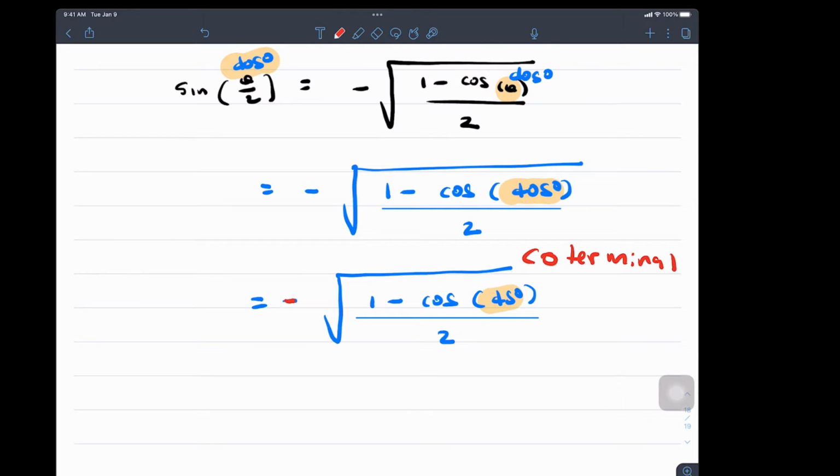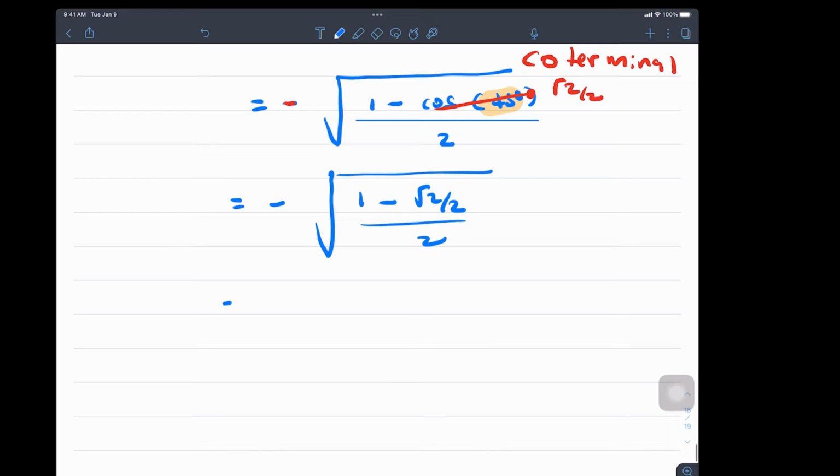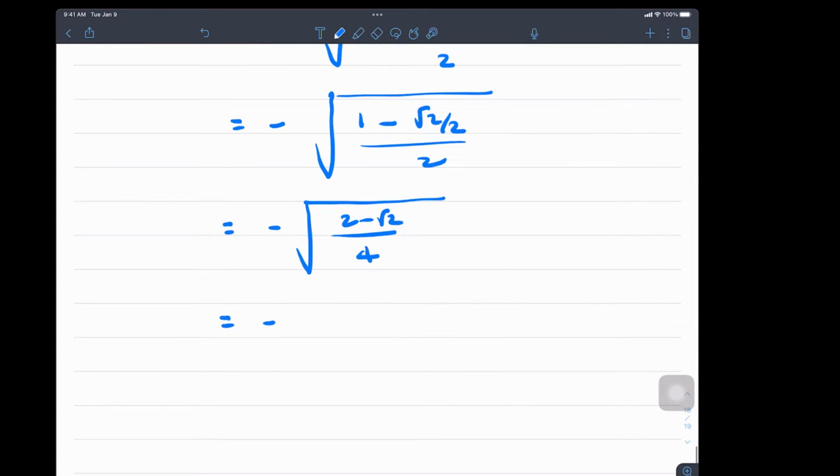Still negative. Now, we know what cosine of 45 is. This is what? Square root of 2 over 2. So this is negative square root of 1 minus square root of 2 over 2, over 2. Minus square root of 2 minus square root of 2 over 4. We did the arithmetic already. Minus square root of 2 minus square root of 2, everything over 2.